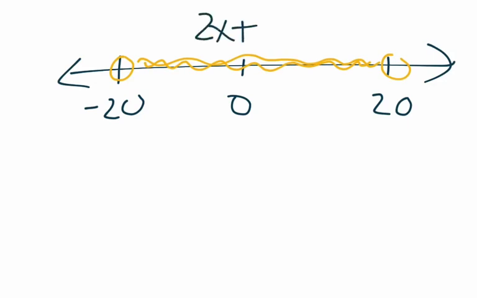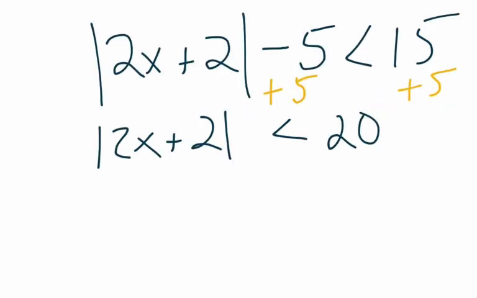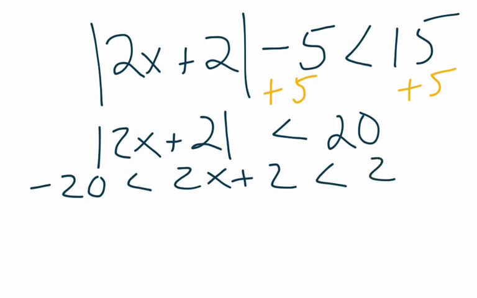And what is in that middle chunk? Well, 2x plus 2 is. So when I go to write my inequality, it's going to look like negative 20 is less than 2x plus 2 is less than 20.